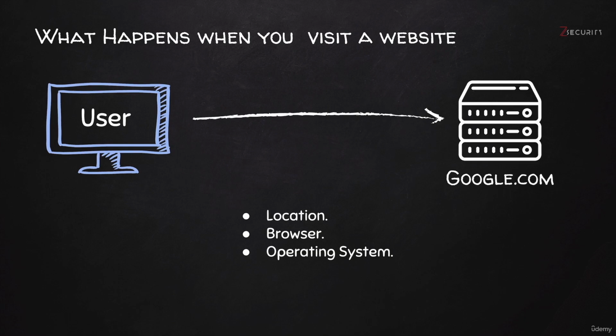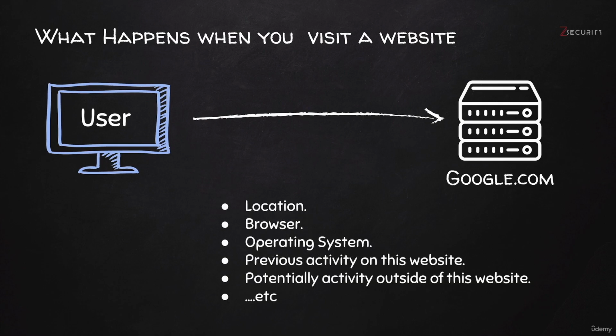For example, because you use Google to search for a lot of things, Google can see everything you search right now and even everything that you searched before. Not only that, but again, big websites such as Google and Facebook, they can even potentially access your activity outside of these websites. They use this relying on the features they offer to other websites.